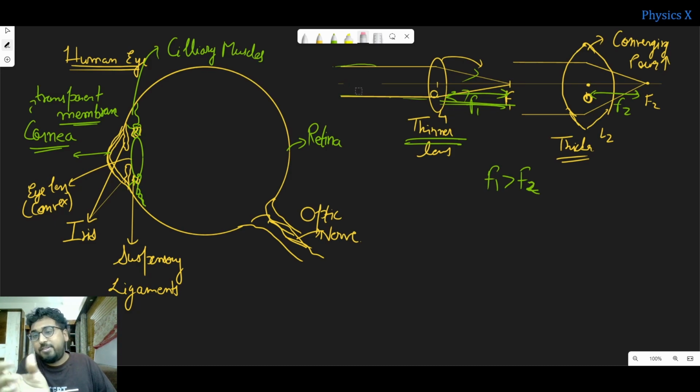So the human eye can change the focal length of its lens.